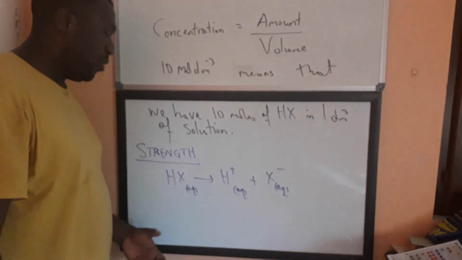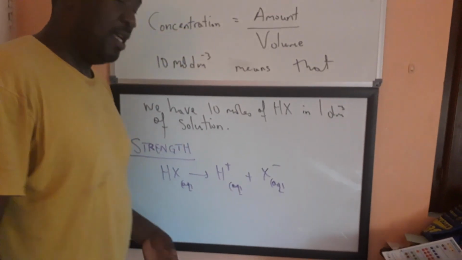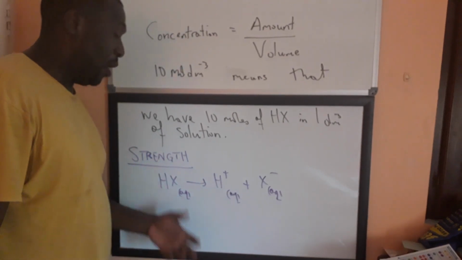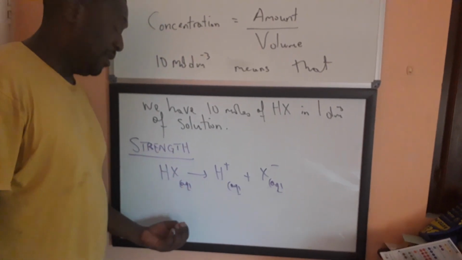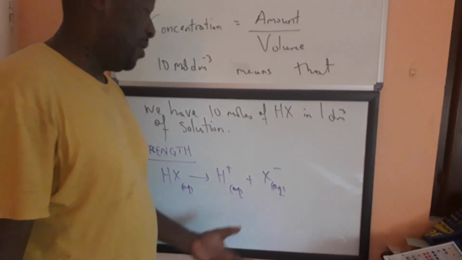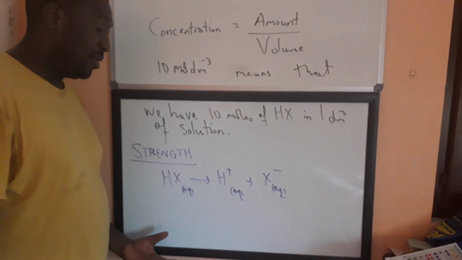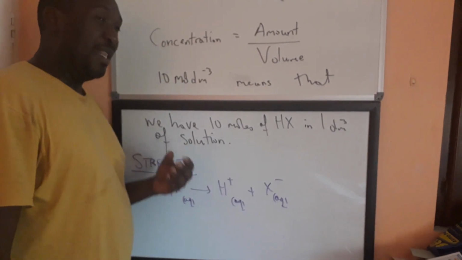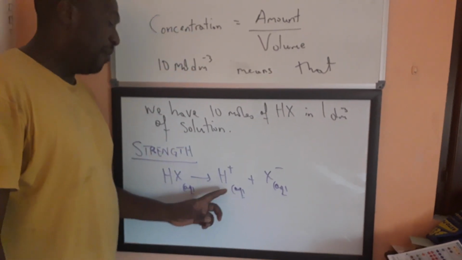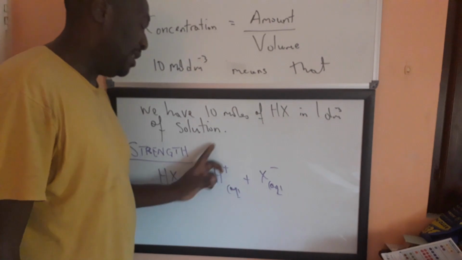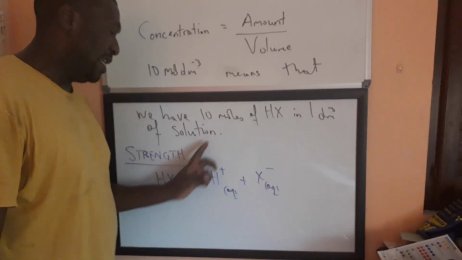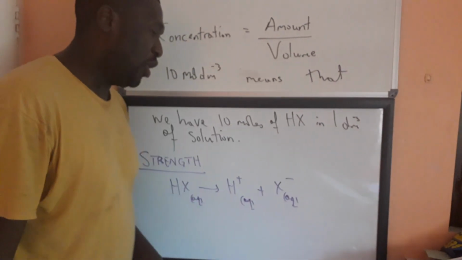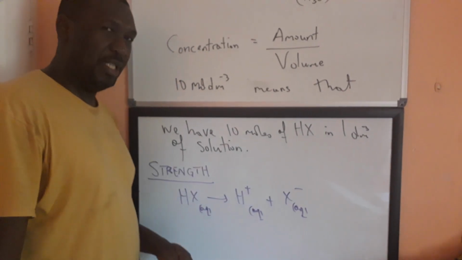And then you have weak acids. They only dissociate slightly in solution. So a weak acid might only dissociate by about 1% or 2% or even less. Now, that means that the amount of hydrogen ions that the acid produces in solution relative to the amount of acid that you have depends on the degree of dissociation.